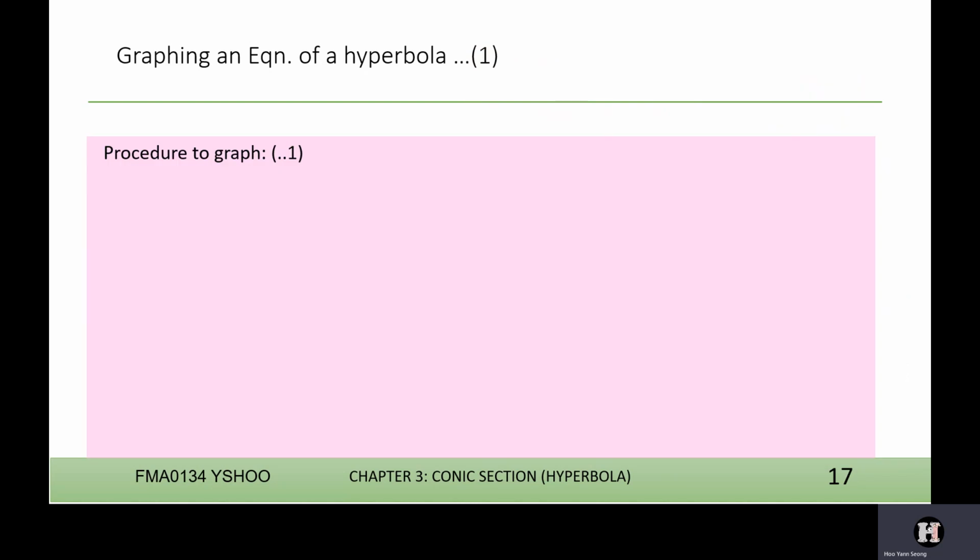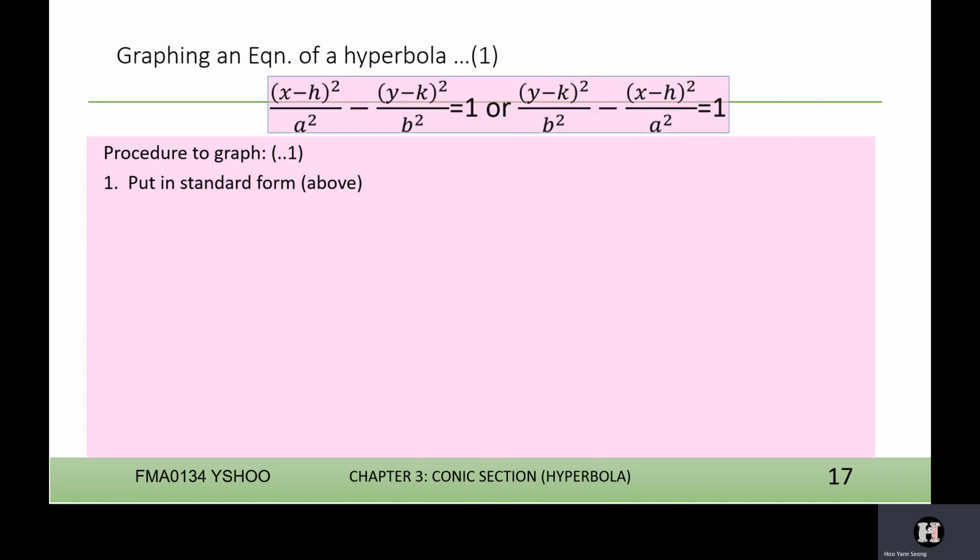Now we go into how to graph a hyperbola. This is only a guideline, but for me it is a bit easier to draw systematically. First, doesn't matter what the question is, whether it is in general form or whatever, first put it in standard form.